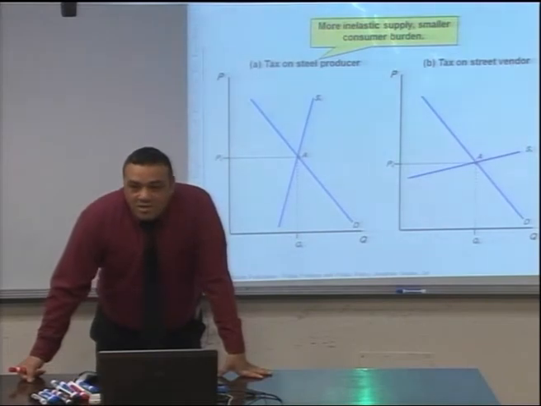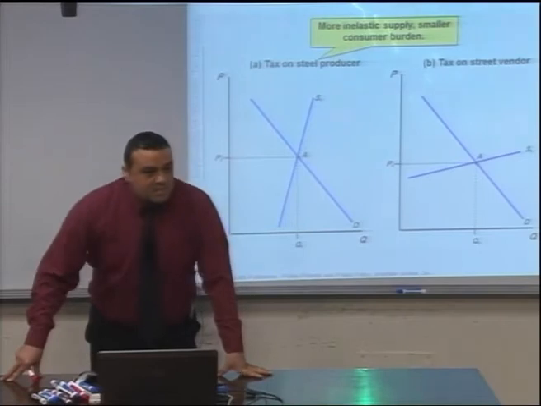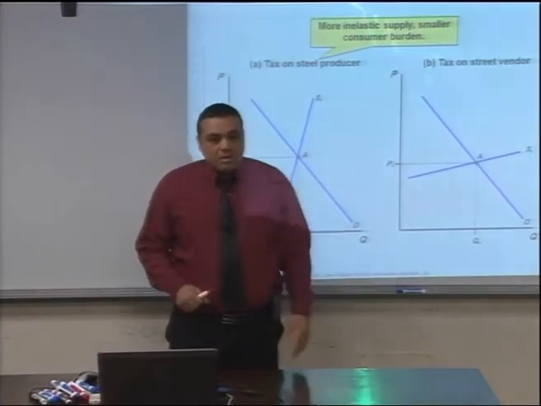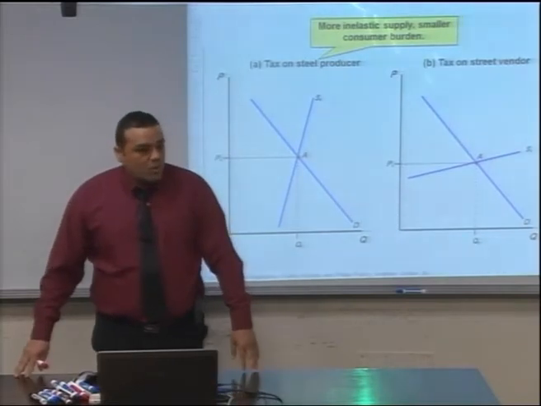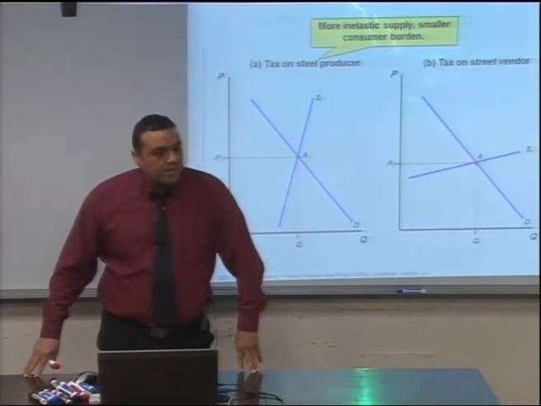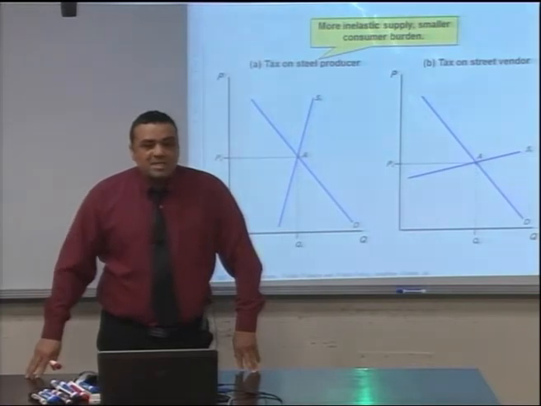Okay. Today, inshallah, we are going to complete our talk about the tax incidence, tax burden. In the last two lectures, we studied the effects of the elasticity of demand on the tax burden. Today I will talk about the effects of elasticity of supply on the tax burden.